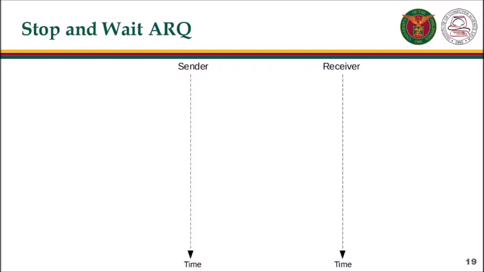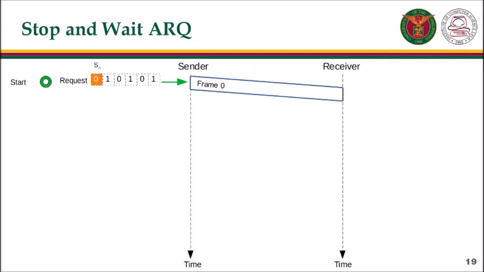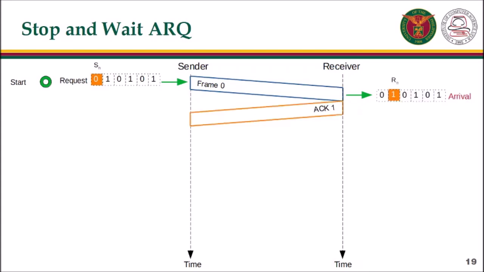Here is how stop and wait ARQ works. Take note of how the sequence numbers and acknowledgement numbers change their values. At the start, the timer starts. Here, the first frame is sent with the sequence number of 0. It will arrive at the receiver end. The receiver will send an acknowledgement number of 1.